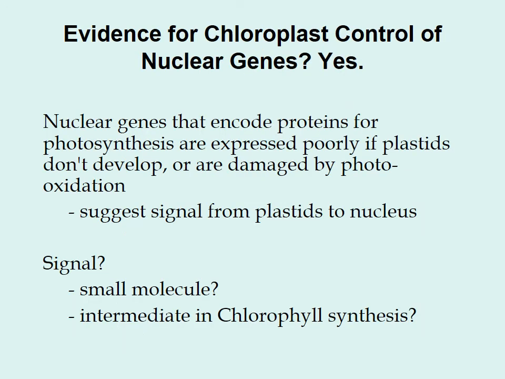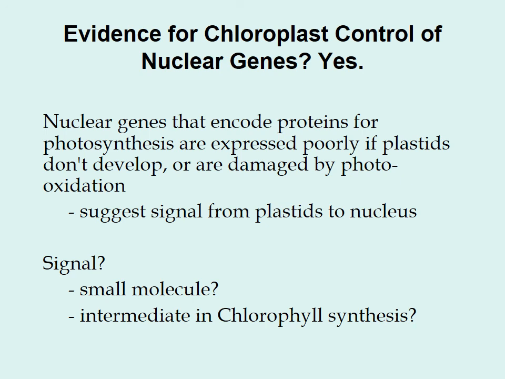The nuclear genes that encode the proteins for photosynthesis are expressed poorly if plastids do not develop. So for the expression of these nuclear genes, plastid development is very important, or they are damaged by photooxidation.